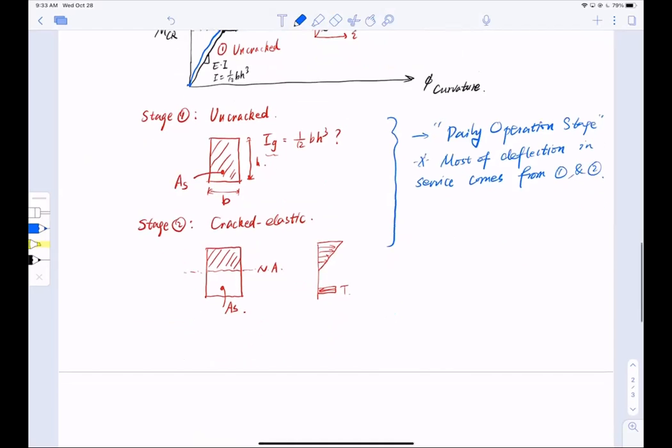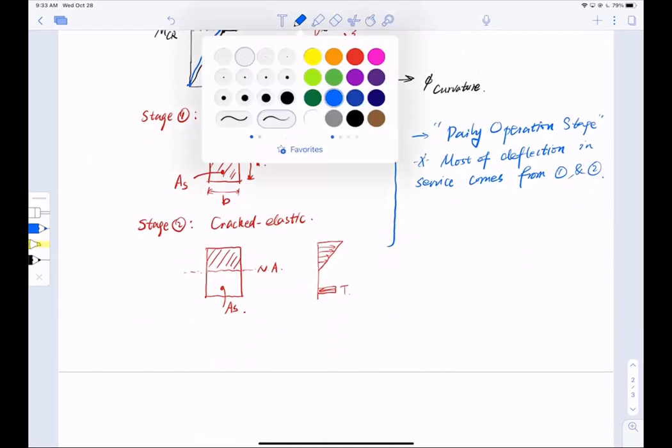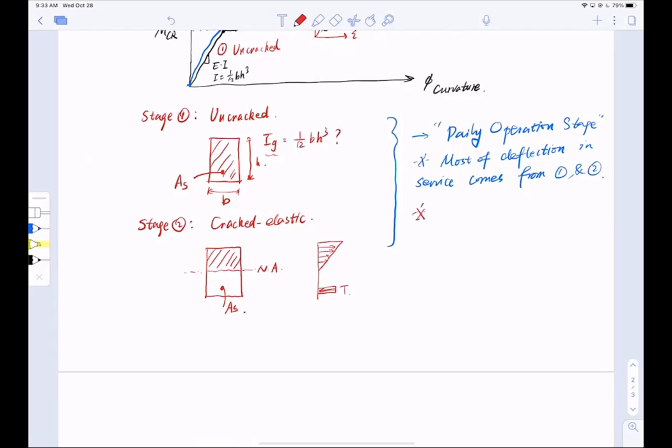Hence, you know this, we need to know the moment of inertia for stage 1 and 2.